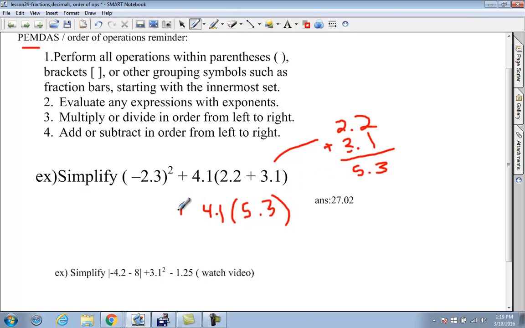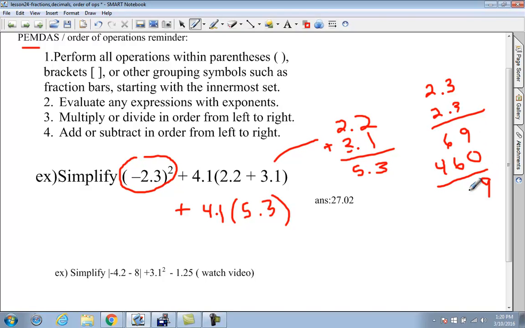I'm going to keep all the connectors. And then same thing here. I want to go off in the margin to take care of negative 2.3 squared. Squaring means times by itself. So I'm going to go off in the margin and figure out what, now it's a negative times a negative, so you know it's going to be positive. So I'm going to figure out what 2.3 times 2.3 is. 3 times 3 is 9. 3 times 2 is 6. 0, 6, 4.